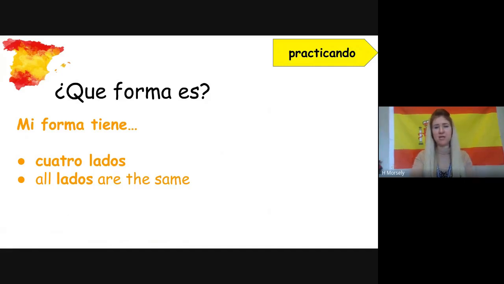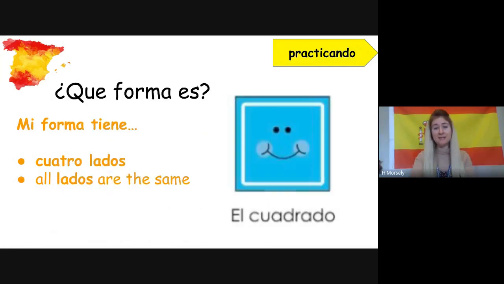What could that be? Think about the 5 shapes we just looked at. Muy bien, if you were thinking of el cuadrado, a square. So remember, a square has 4 sides. Lados are sides, 4 sides, and all its lados are the same. So it is el cuadrado. You ready for the next one?